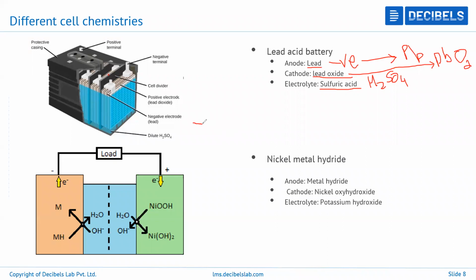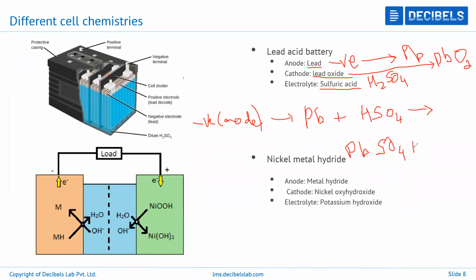At the anode, or the negative electrode, lead will undergo oxidation. We had seen that oxidation occurs at the anode. So lead Pb will combine with one half of the sulfuric acid, because this is only the reaction occurring at the negative electrode, to form lead sulfate, and a hydrogen ion plus an electron is released.